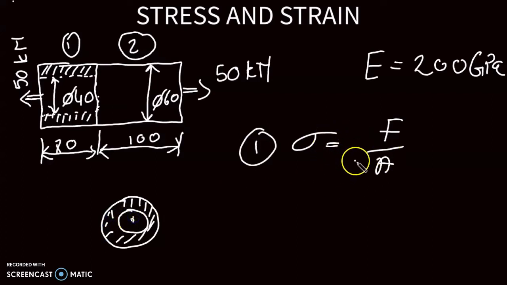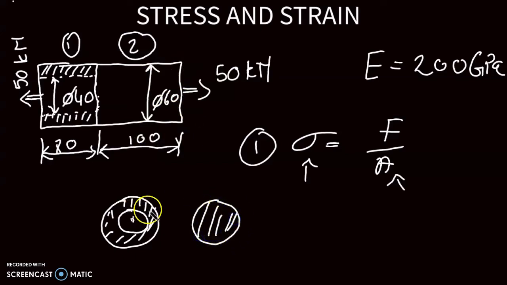So looking at our formula and remembering what stress is, we know that the smaller the area, the larger the stress will be. So in this case, object 1 has a smaller area compared to object 2, because when we're dealing with object 2, we're dealing with the whole circular part.